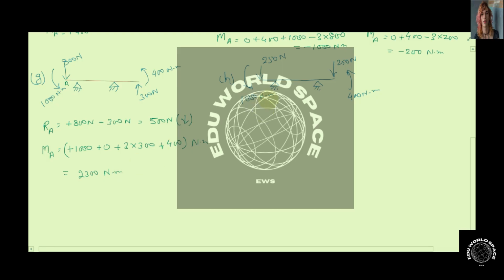Now in last part, reaction at point A will be, since both of these forces are acting in downward direction, we can directly add them, and this comes out to be 500 Newton in downward direction.